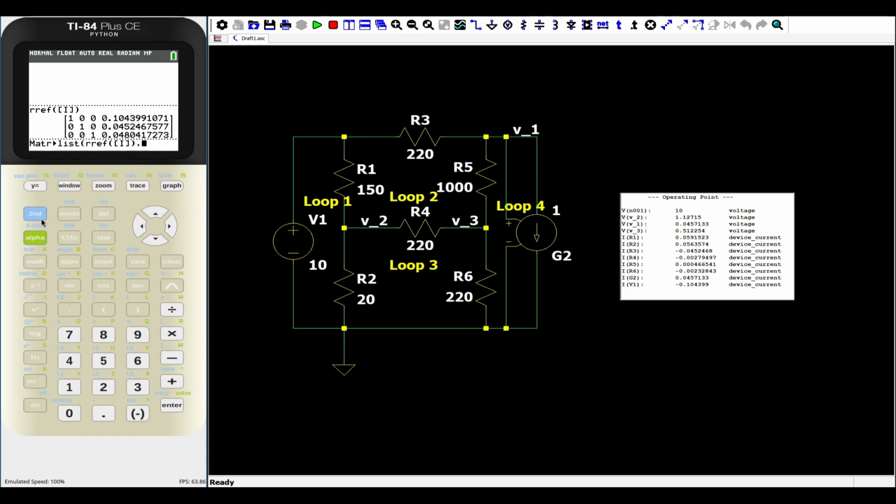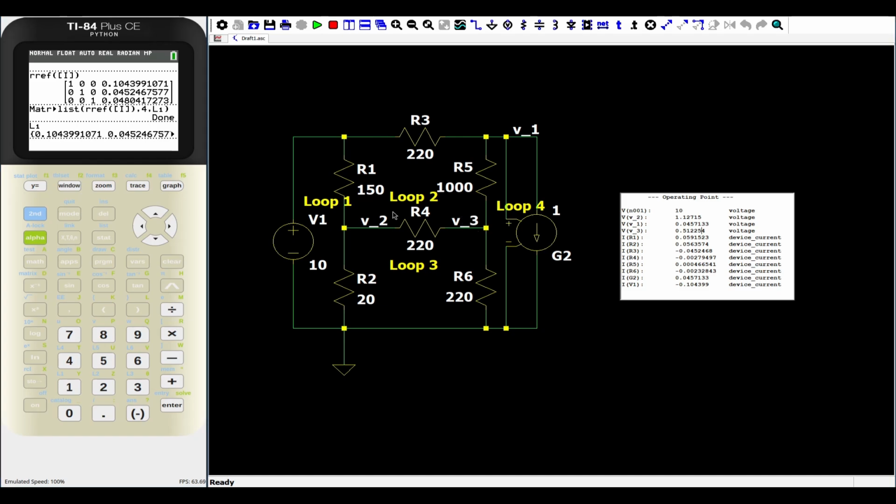Then we're going to type in the column, which is 4, because this is the first column, second column, third column, and fourth column. And then we're going to hit comma once more. And then we're going to put it inside list 1. So second and press 1. Then closing parenthesis. Alright, now press enter. And just like that, now list 1 is populated with all of our entries over here.